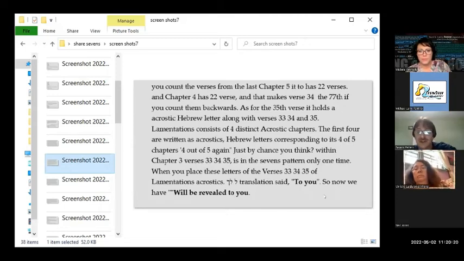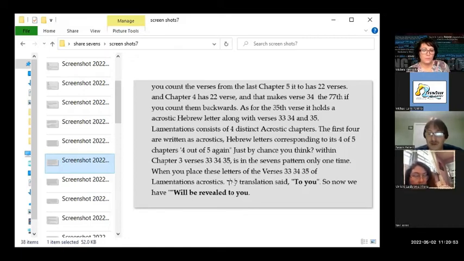Back to Lamentations, I got to verses 33, 34, and 35, considering Lamentations is one of the 7 books. And I looked at the acrostic on that, and each verse represents a letter. Now, 2 of them are the same because there are 66 verses represented by 3 of the first letters, and so on in threes to complete the alphabet.